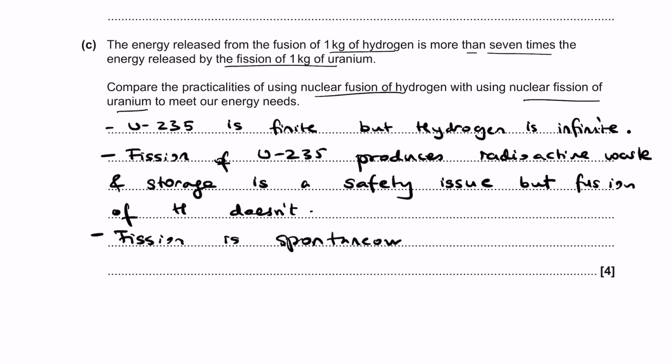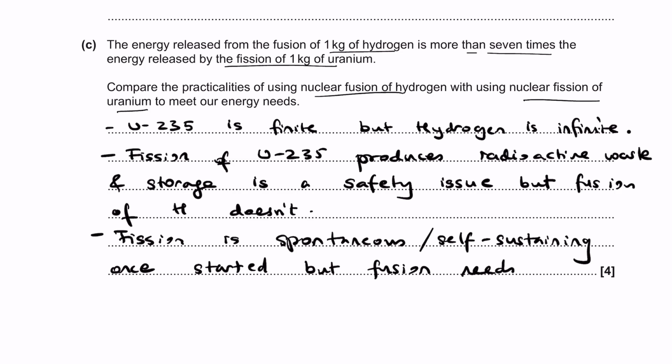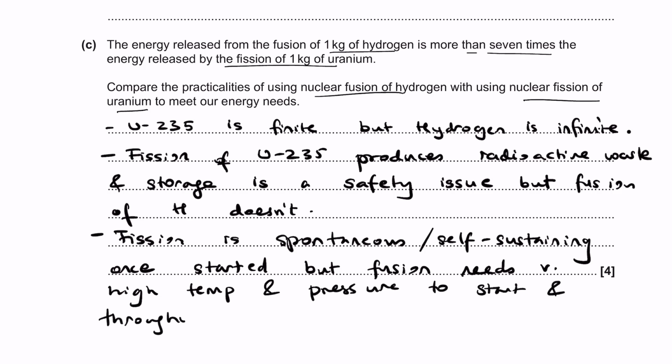And thirdly, I guess we can say that fission is spontaneous and it's basically self-sustaining once it starts, but for fusion, you need very high temperature and pressure to start and basically carry that throughout the process. So those will be my key points here.